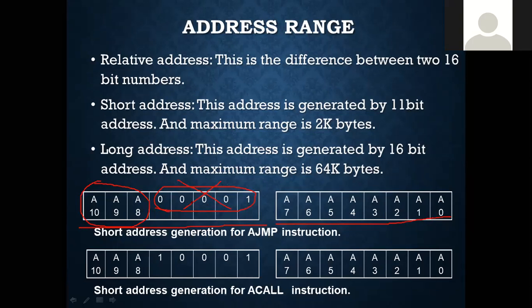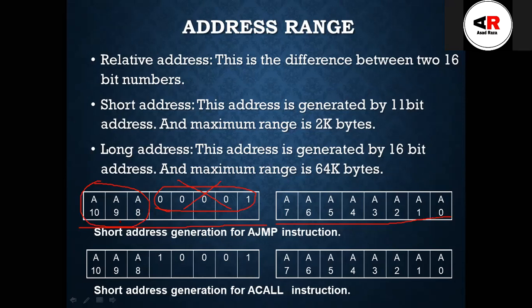Clear or not? Yes, sir. Okay, so if we go through this, just see how many bits are involved to generate the address. How many bits? There are 8 bits and these are 3 bits. Clear or not?